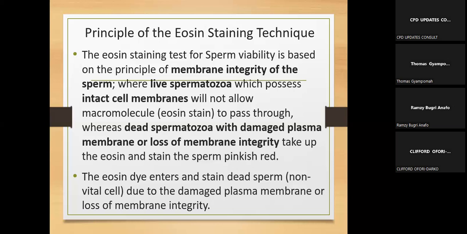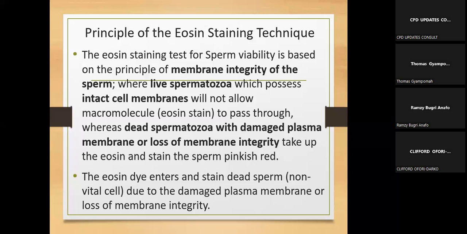Because eosin has to push itself into it, what will it do? It means that it will not allow you to come into it. And therefore, the live cell will not be stained.